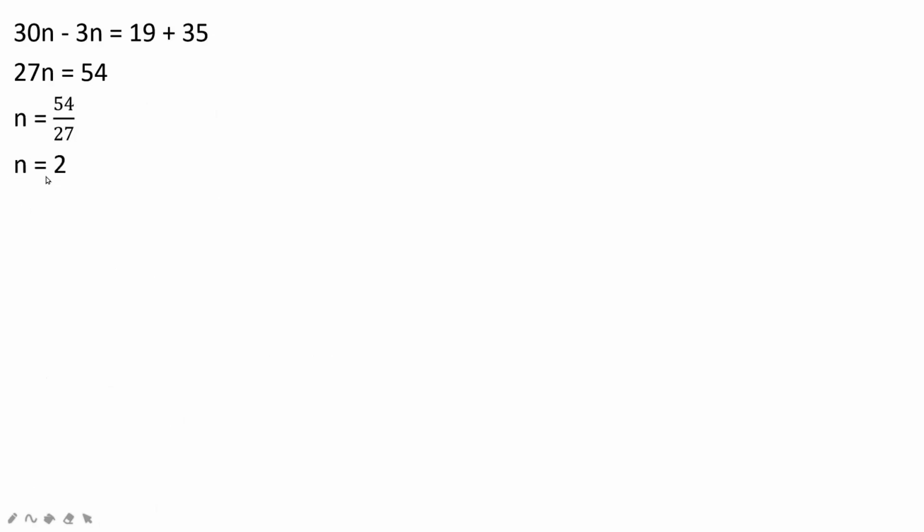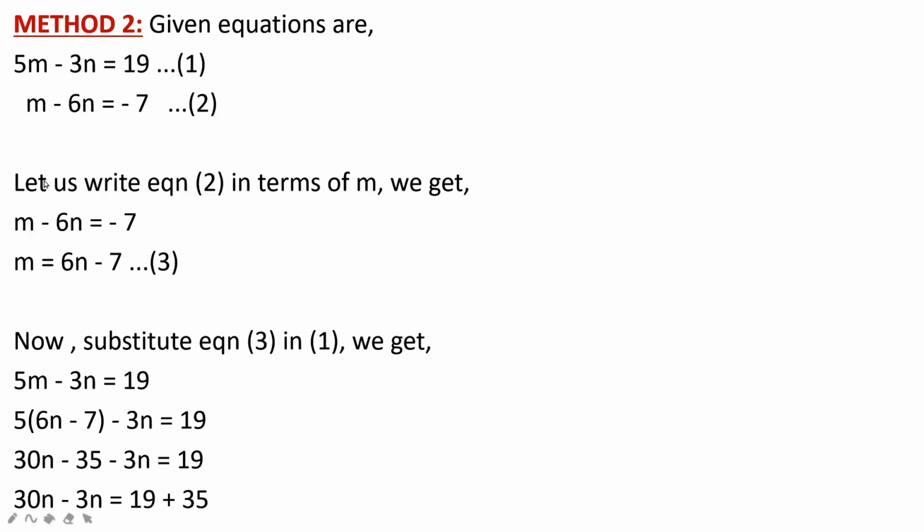Now we can substitute the value of n is equal to 2 in any of the previous equations. So we have first equation, second equation and third equation. We can substitute the value of n in any of these equations, but we will choose the simplest equation. Now you can see equations 2 and 3 are both the same equation. Only the thing is that I have shifted the values to the right. So you can choose any of the equations.